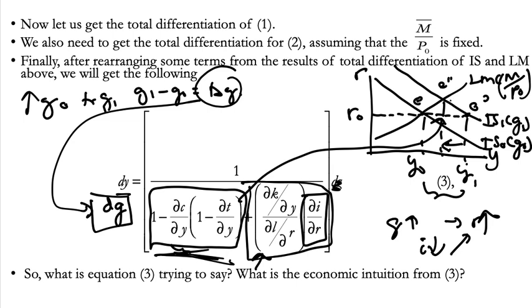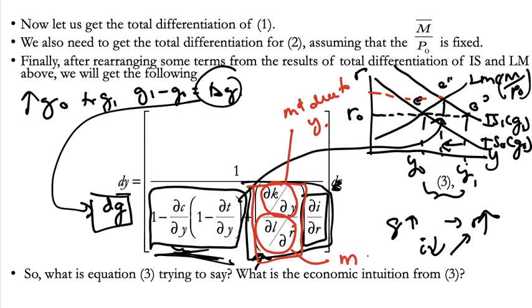And at the same time, this bit is basically the response of the money market towards the movement of interest rate, the increase in interest rate from R0 to R1. When interest rate increases because of this increase in government spending, what happens in the money market is that you see here, this is a change in money demand due to income, and this is the change in speculative money demand due to interest rate, and it has a negative relationship.